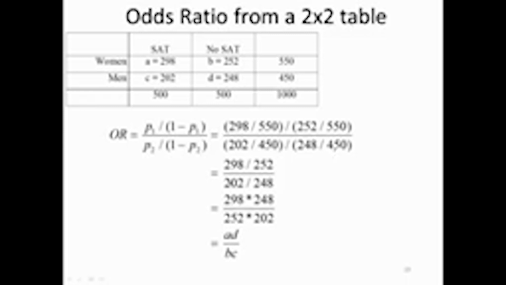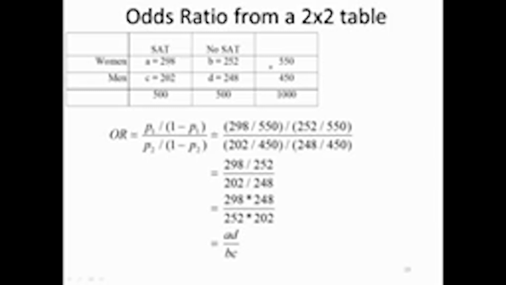So that comes to 298 multiplied by 248, divided by 202 multiplied by 252. So we get A into D divided by B into C. That is the formula for this odds ratio. Understand? So how do you calculate P1?